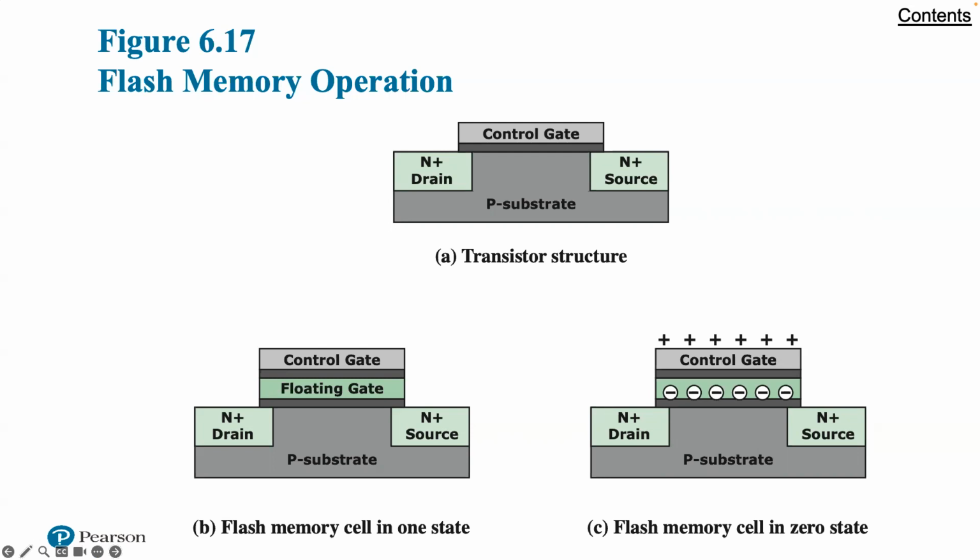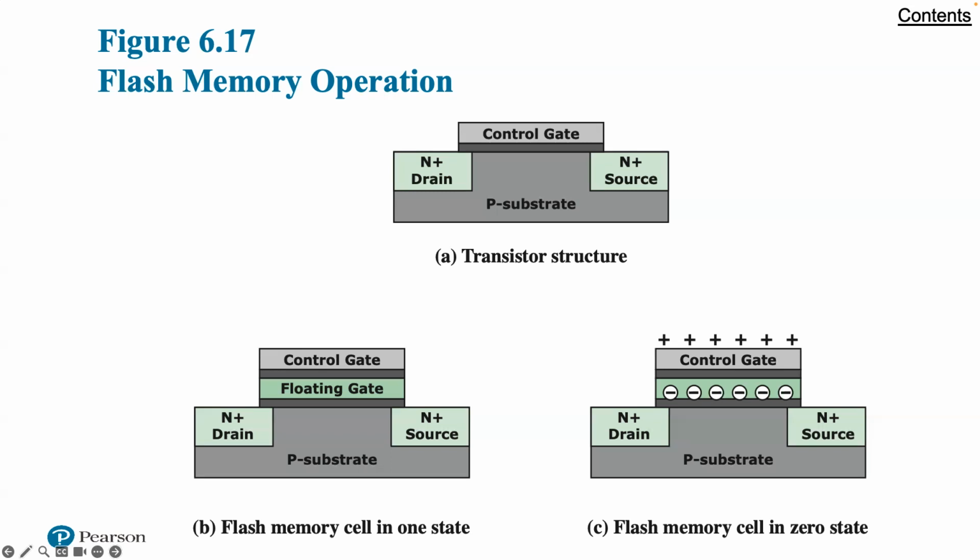In a flash memory cell, a second gate, called a floating gate because it's insulated by a thin oxide layer, is added to the transistor. Initially, the floating gate does not interfere with the operation of the transistor. We see that in figure 6.17B. In this state, the cell is deemed to represent binary 1.